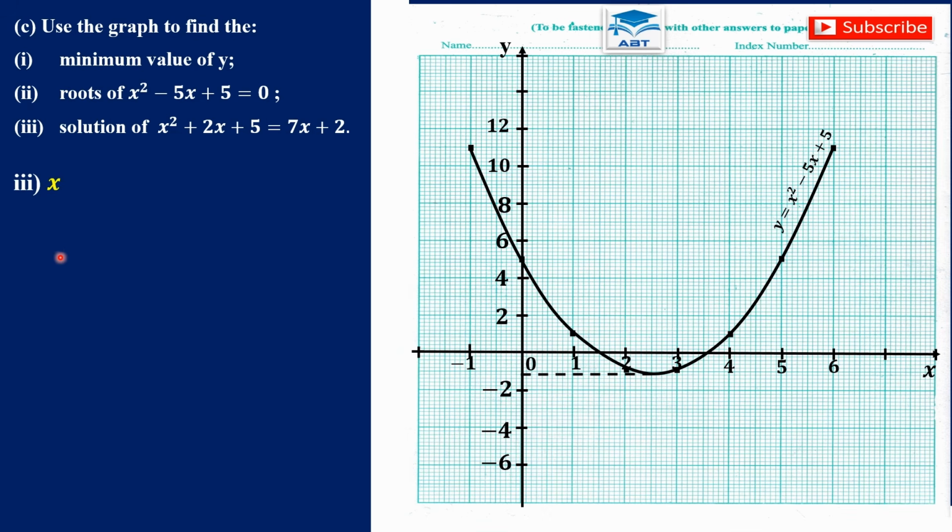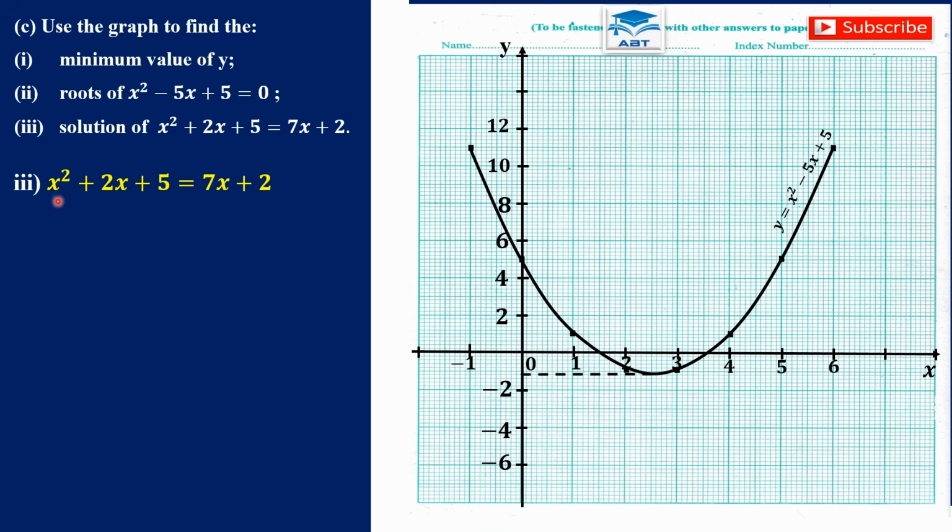And the ii part, we are to find the solution of x squared plus 2x plus 5 is equal to 7x plus 2. Now, our relation is x squared minus 5x plus 5. We have to force the left-hand side to become our relation x squared minus 5x plus 5.